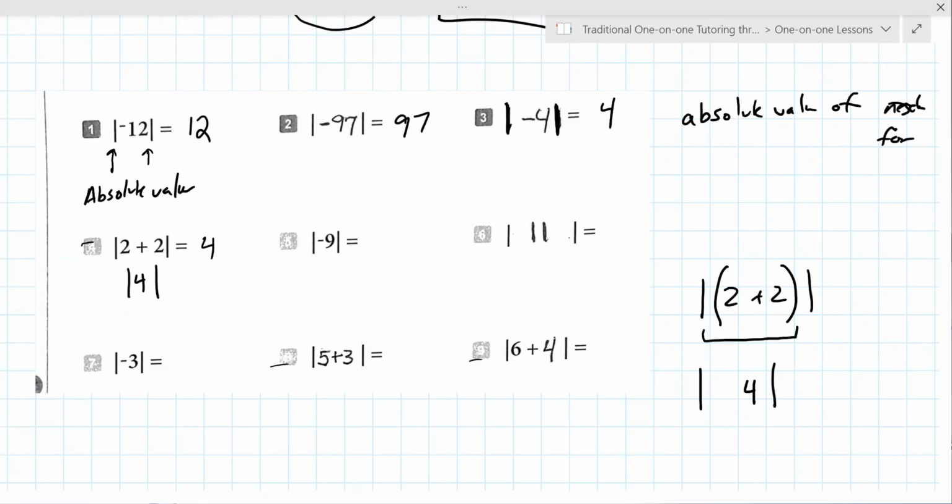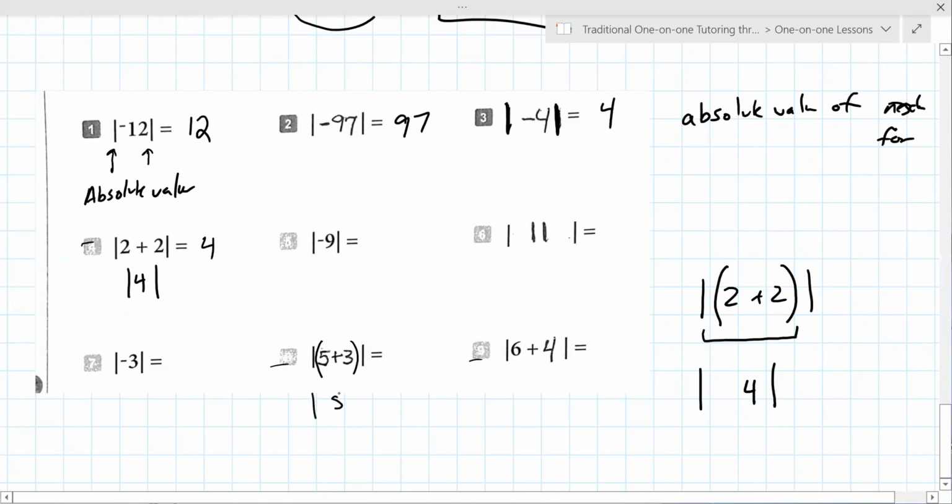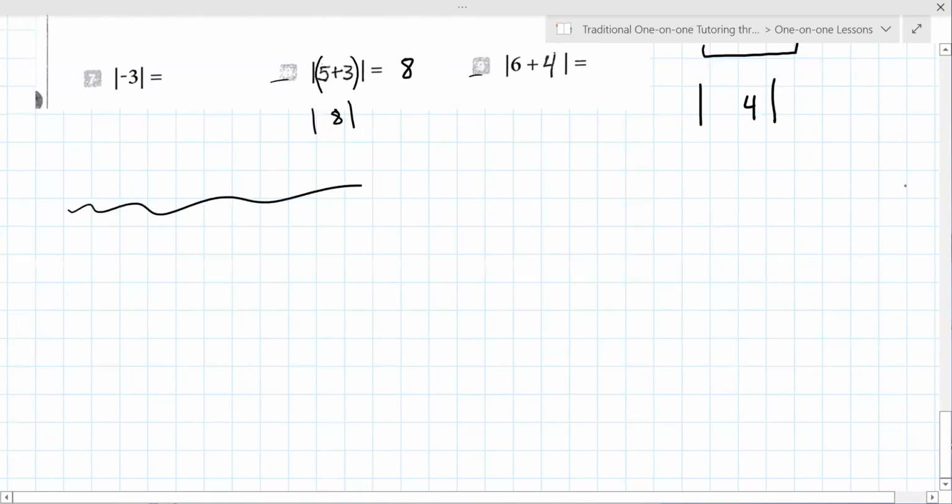So for example, number 8, you want to first add 5 and 3, which happens to be 8. And then you take the absolute value of 8. Should be 8. Yes. Okay, so let me just go off to the side here because this does matter. Let's say it was the absolute value of 4 minus 7.